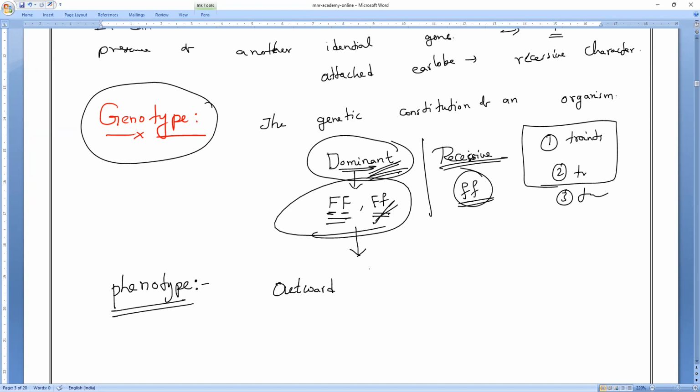You are tall or fatty or chubby, or you are cute, or your hair is curly, or your hair is soft, or your nose is long, or your nose is short, or your eyes are big, or your eyes are small. The physical appearance, what your appearance is outside. Do you understand, everybody? That is called phenotype.